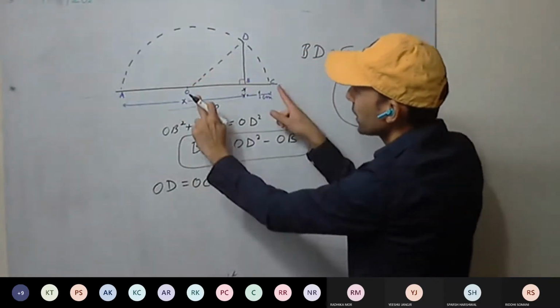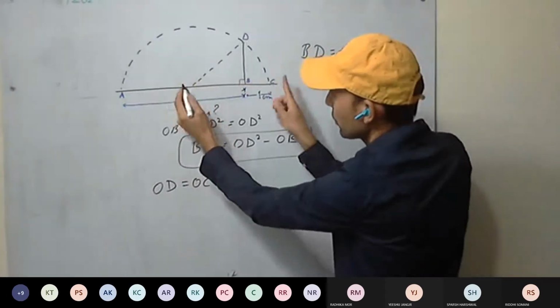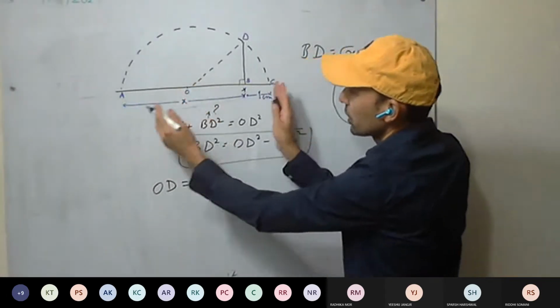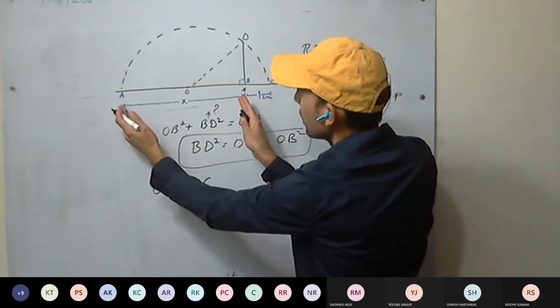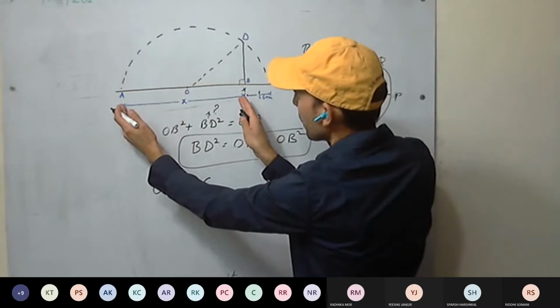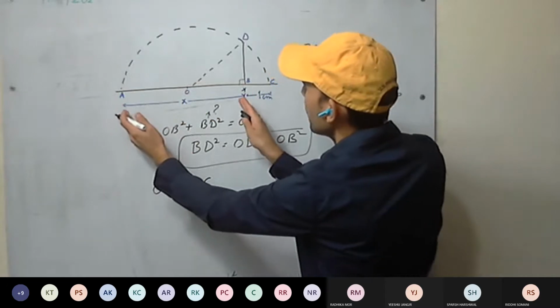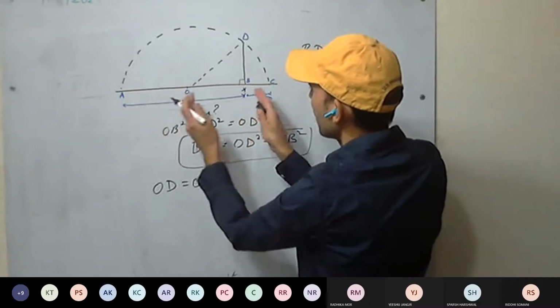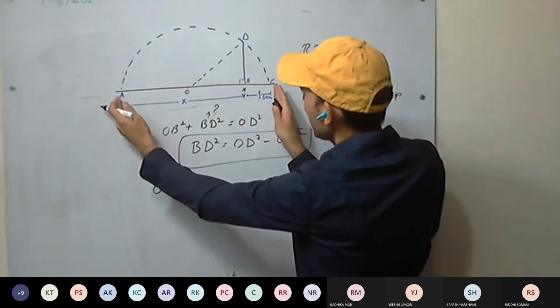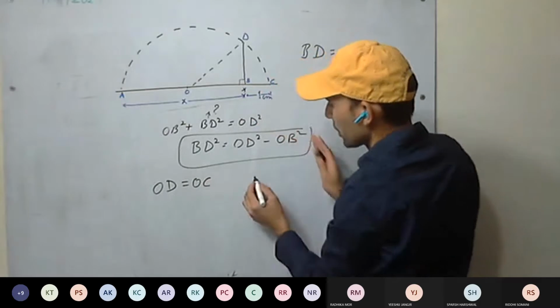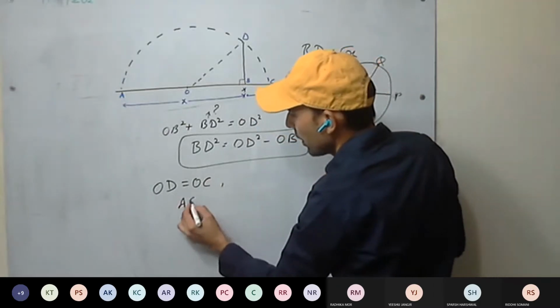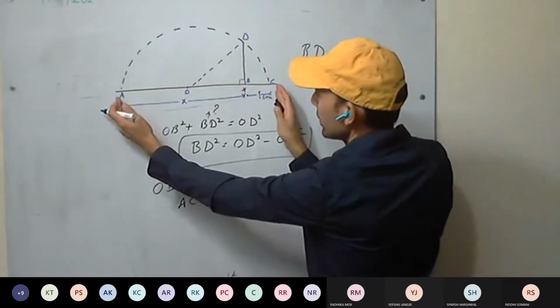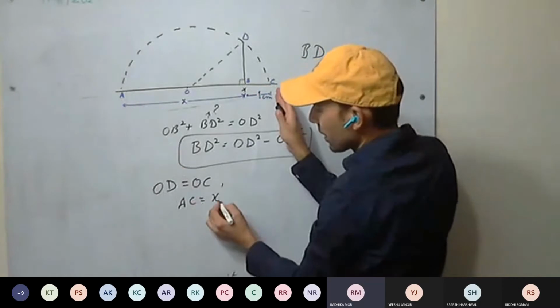OD equal to OC. What is the value of OC? This much value we have to calculate. This complete is X. AC is how much? X plus 1.